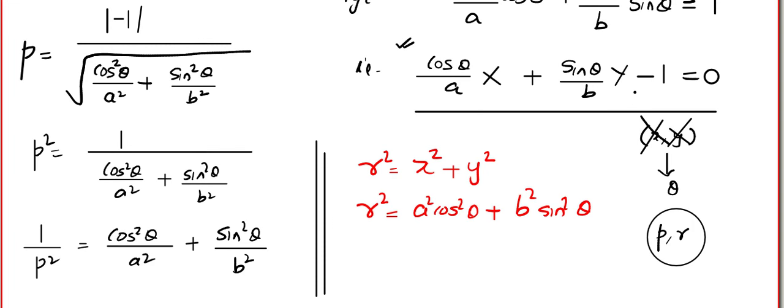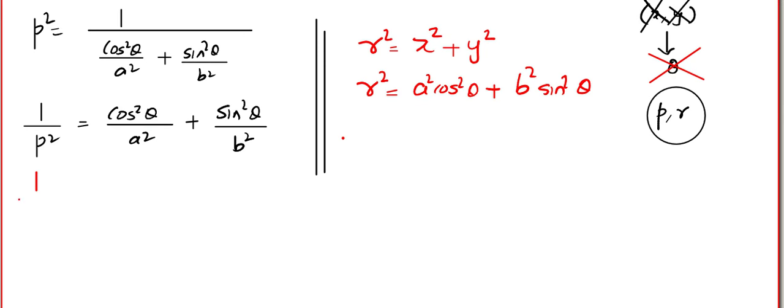But the advantage of parametric form is, here we have to eliminate only one variable, that is theta. Are you able to see the advantage? In parametric form, we have to eliminate only one variable, that is the parameter. And that is the advantage of parametric form.